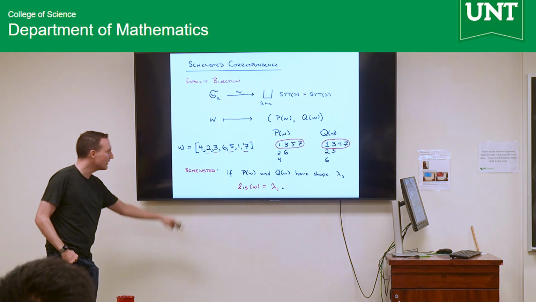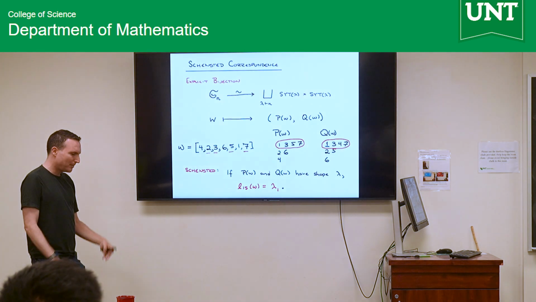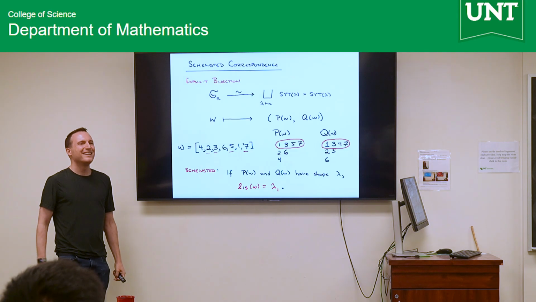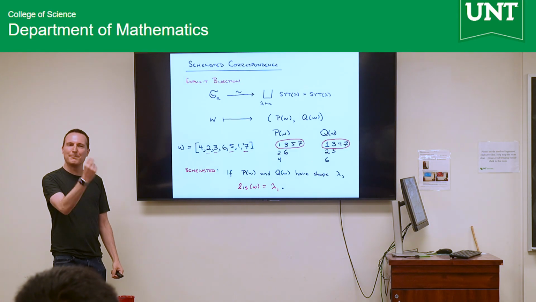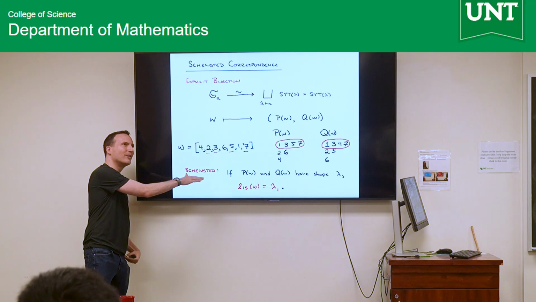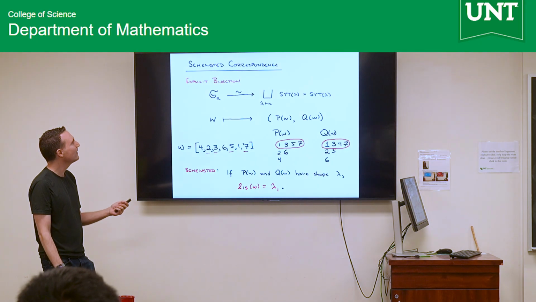So this is Schensted's theorem. Really a remarkable paper. It's something like 12 pages long. And in terms of short but very impactful papers, I don't think you could do much better than this.